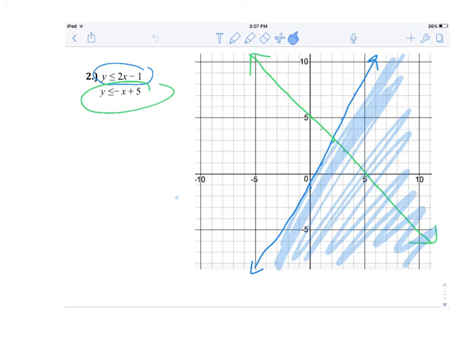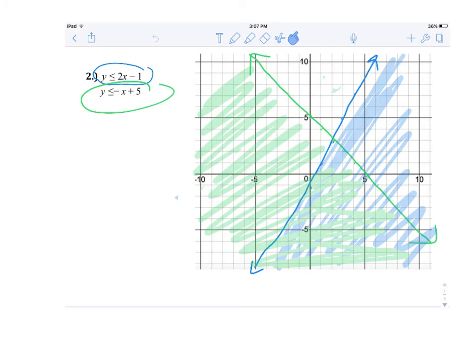Looking at the green, we have the top part and the bottom part. This inequality says y is less than or equal to, so we are going to shade the bottom part. So everything below would get shaded. So again, your answer is where the shading is overlapped, which is going to be right in that area there.